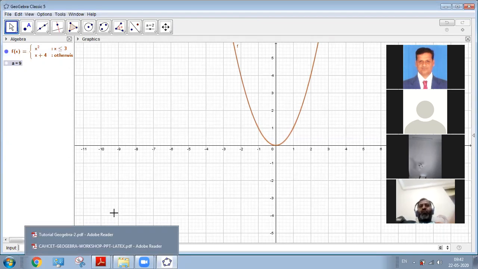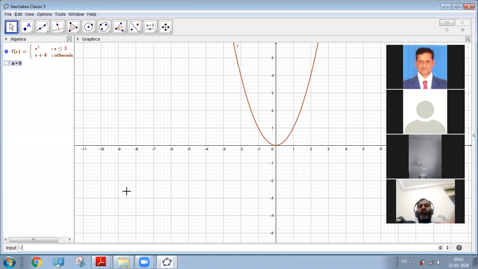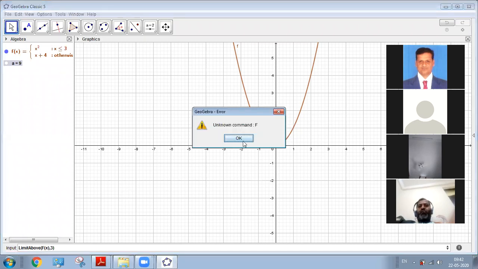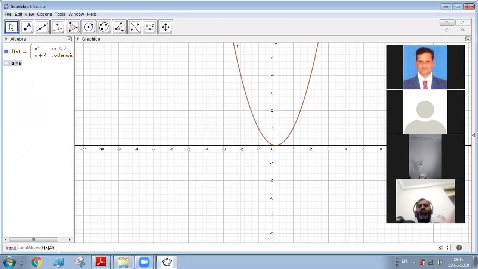If I want to find the right limit, I type capital LIMIT, capital ABOVE, f of x, comma 3. So the right limit becomes 7.